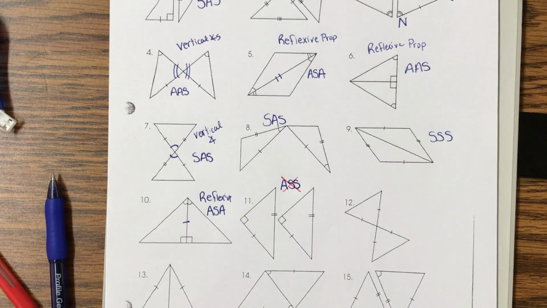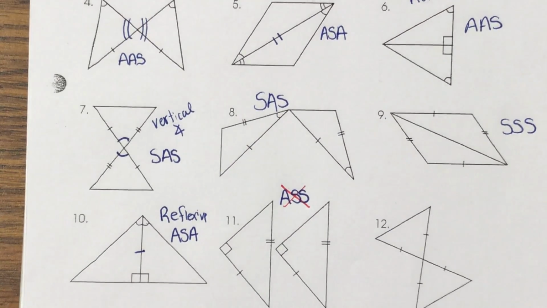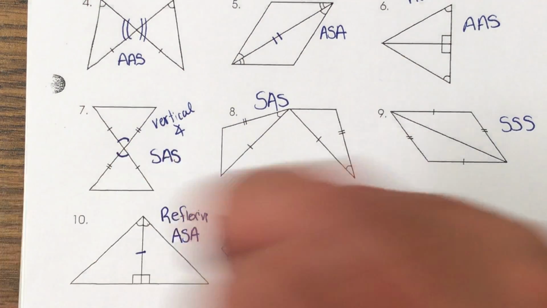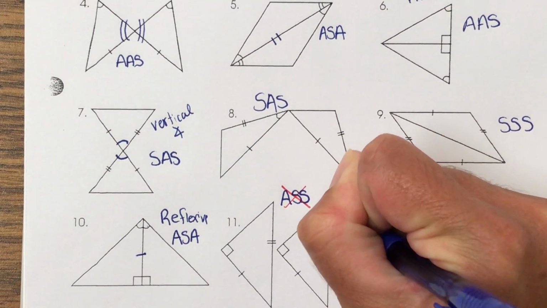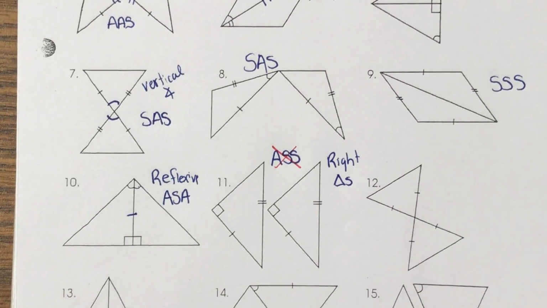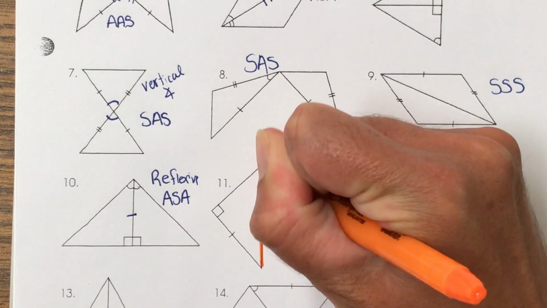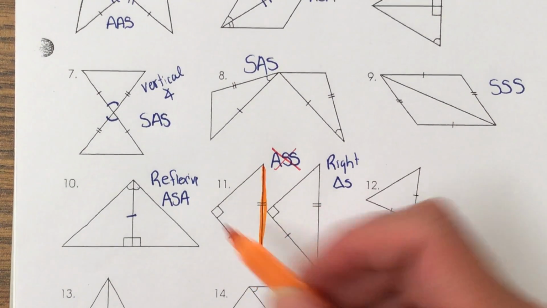But I do want to point something else out. If you go back up to the top in the directions, if you remember we talked about HL. What do you think HL stands for? Well, if you look at these two triangles, note how we have right triangles. And right triangles have what is called a hypotenuse, which is always the side opposite of the right angle, and the other two sides are called legs.